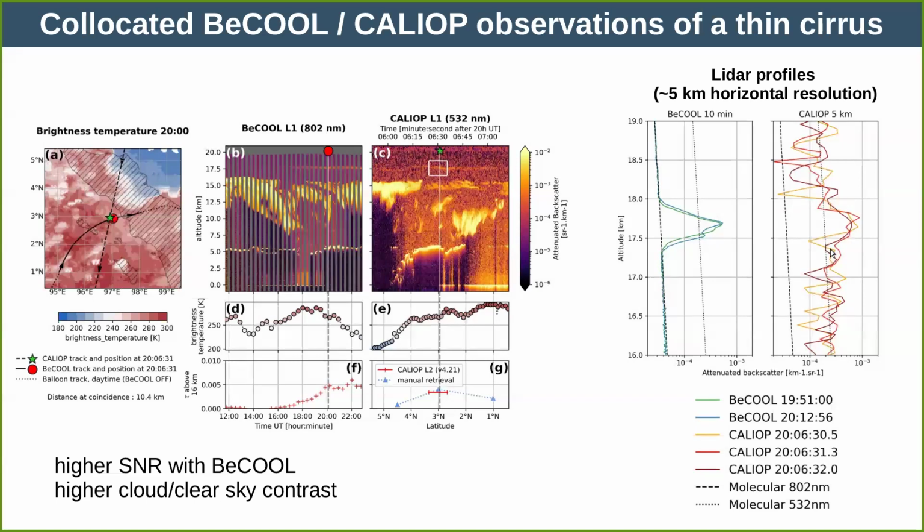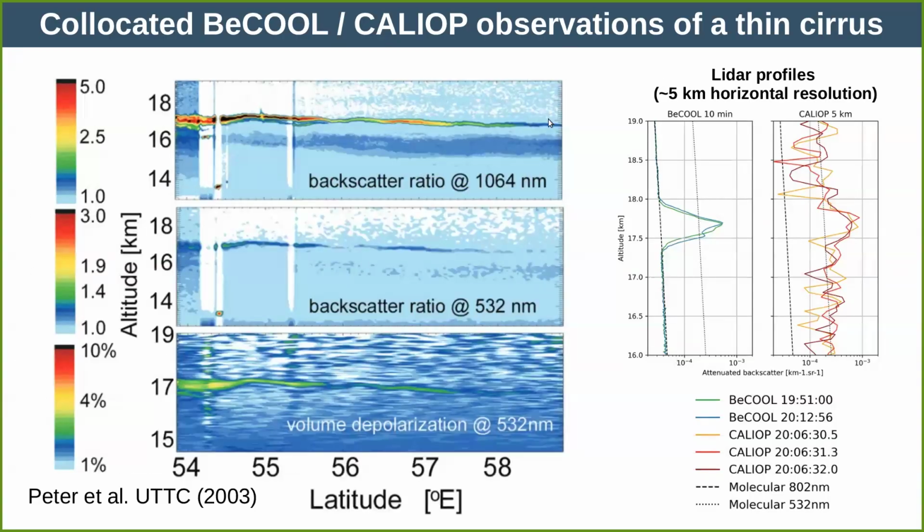Another thing is, beyond the difference in signal-to-noise ratio that is attributed to a different integration time, as BeCool is operating at 800 nanometers and CALIOP at 500 nanometers, the Rayleigh scattering is weaker for BeCool in the near infrared, which means that there is a higher contrast between the cloud and the clear sky around the cloud. So this feature was reported previously by Peter et al.